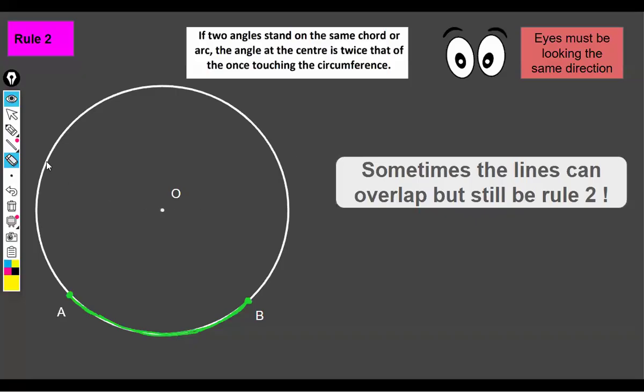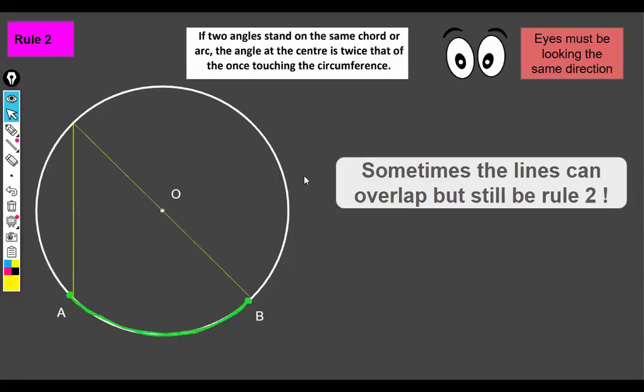Let's look at this scenario here. I want you all to tell me if this is rule 2. Yes or no? And then I'm going to rewind it and do it slower. Is this rule 2? Yes or no?